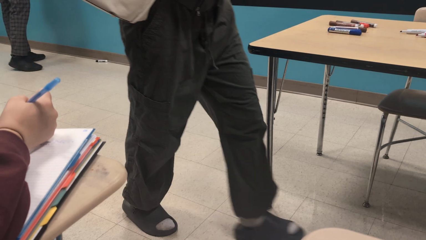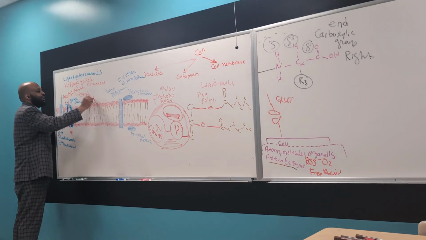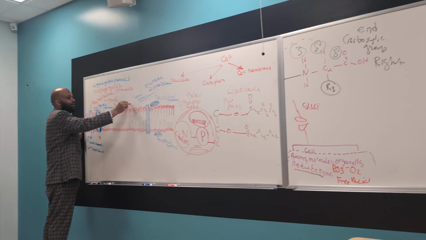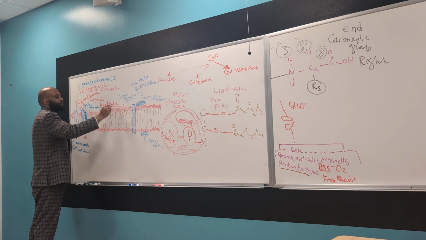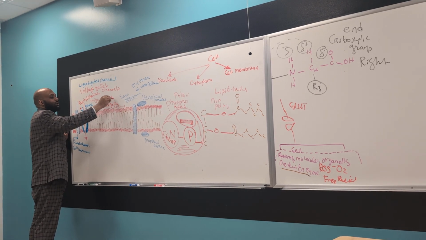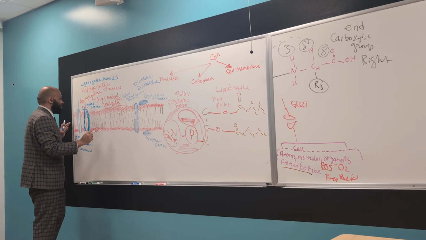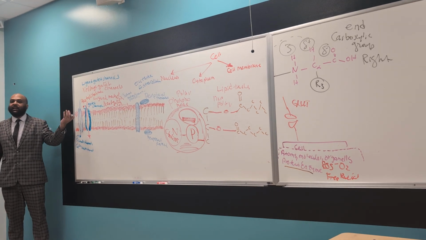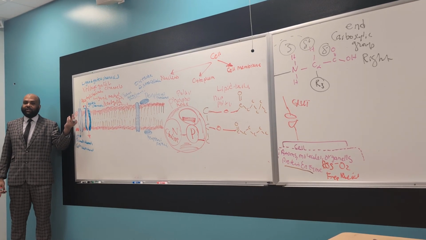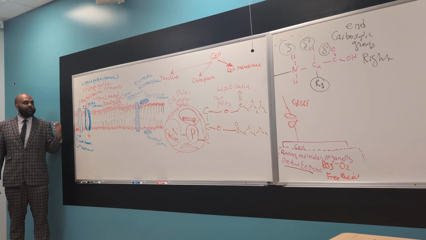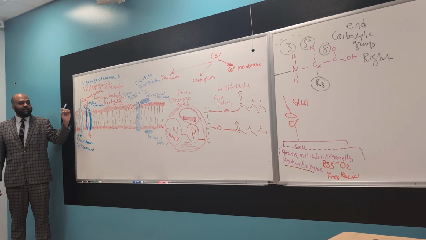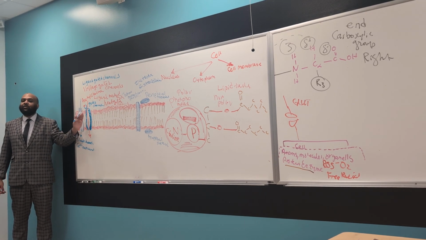Sometimes there are heat gated channels. There are also mechanical stretch gated channels. When they feel that stimulation, mechanical stretch, or when they feel that heat, they will open and allow the influx.